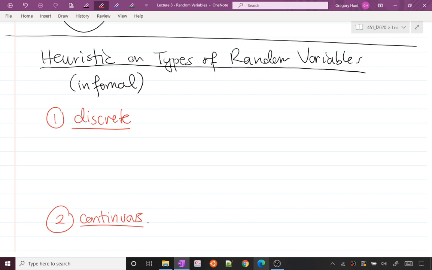So we call a random variable discrete, basically, if the support is finite or countable.